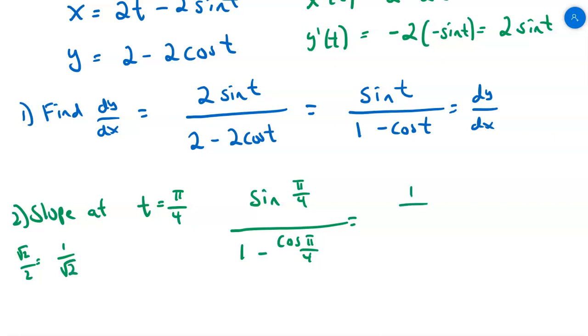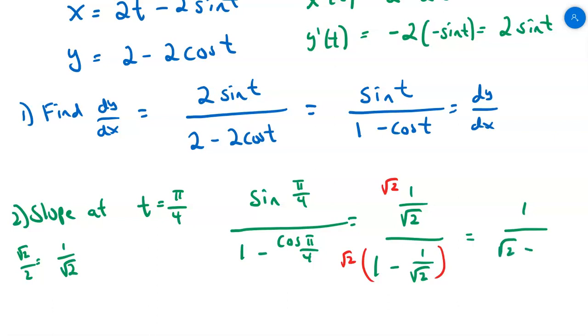So let's leave it in a form where the denominator is not rationalized. Because now if I hit top and bottom with the square root of 2, I end up with just a 1 on the top and a square root of 2 minus 1 on the bottom.